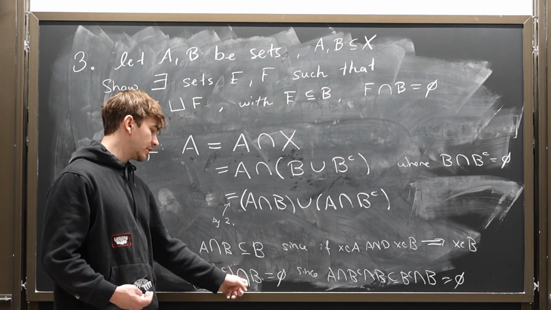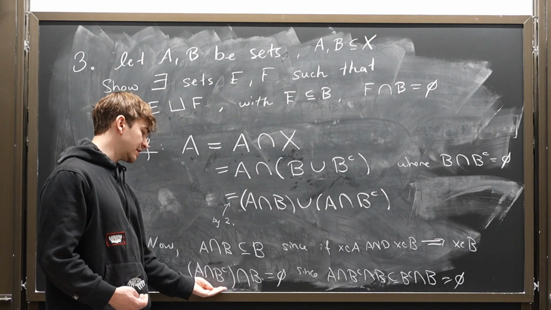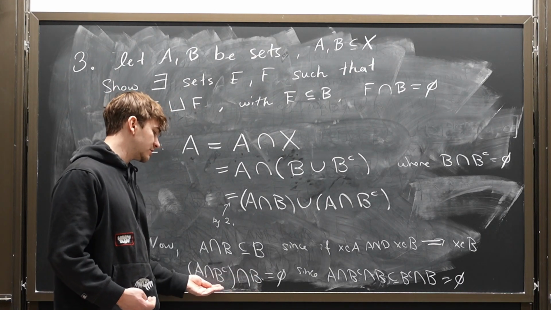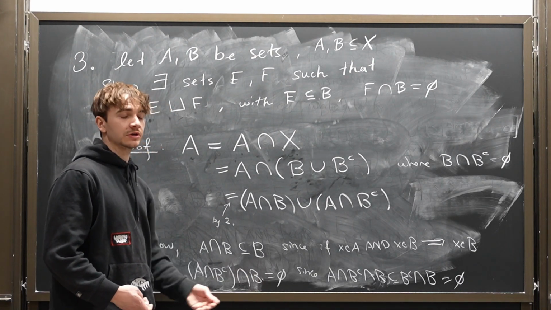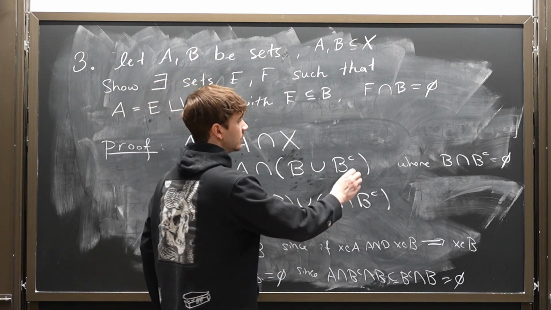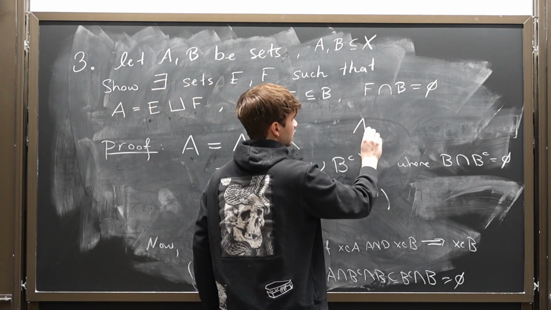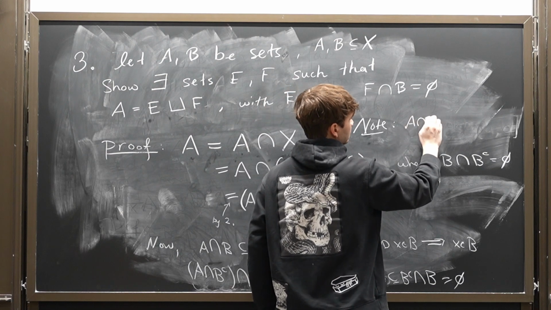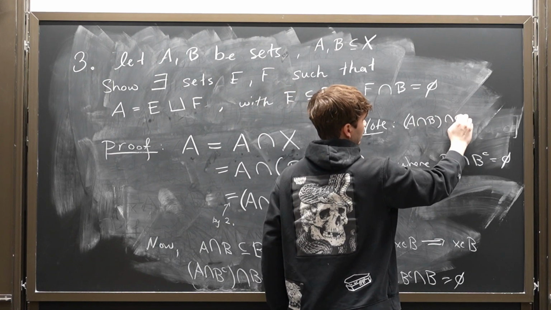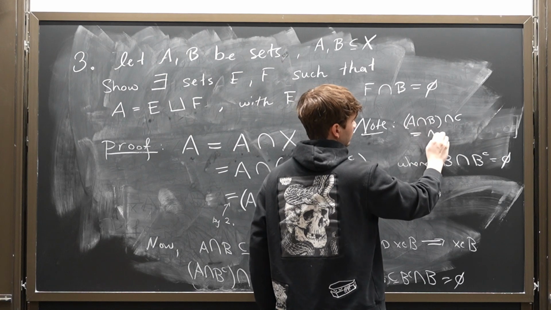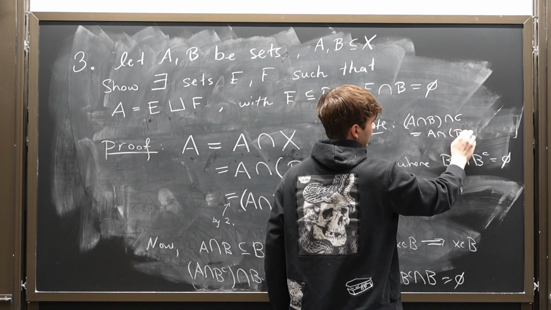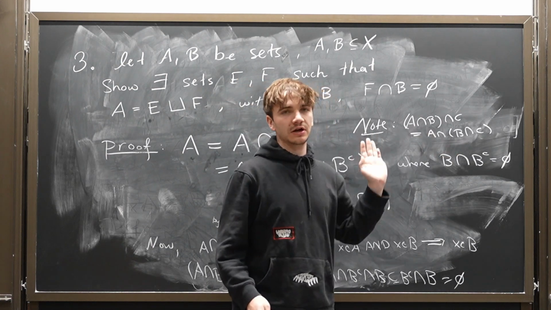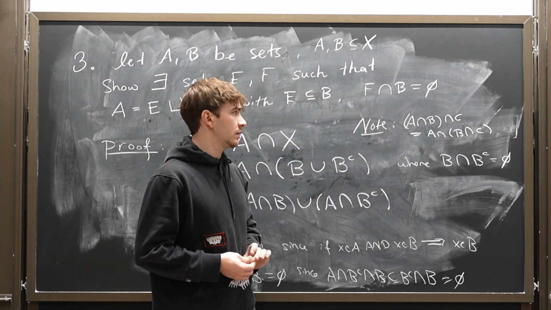So it doesn't matter if I first intersect A with B complement and then intersect with B. A general fact is that A intersect B intersect C is just equal to A intersect B intersect C, so intersections of sets are associative in this way.